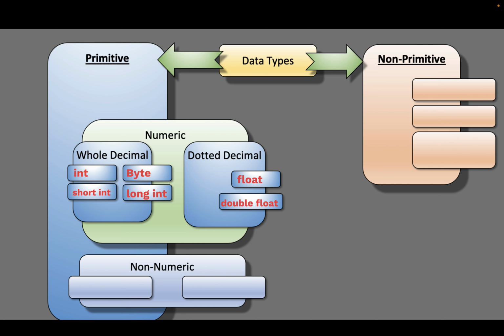Some non-numeric ones are considered to be a character or a boolean, which is true or false, basically on and off. Non-primitive ones are considered to be strings, arrays, and user-defined classes. Again, this depends on the programming language, because we'll have different components there as well.